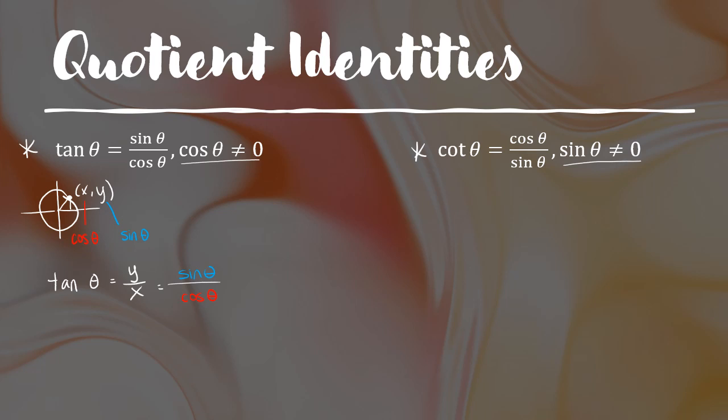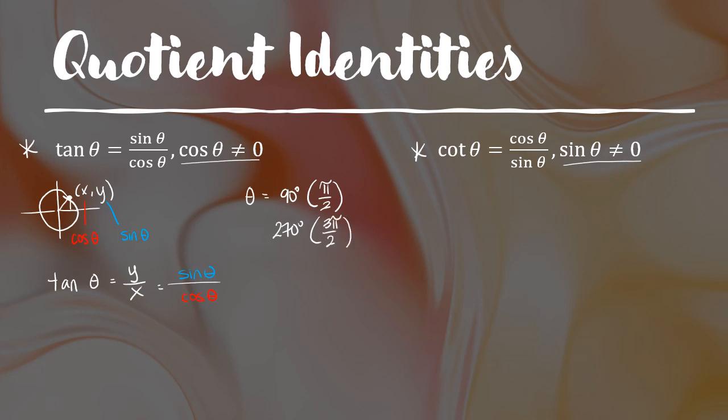So we are saying for this particular equation that, okay, cosine of theta can't be equal to 0. Well, when would cosine of theta actually be equal to 0? Again, let's think about the unit circle. When cosine of theta is equal to 0, that means theta would have to be, like we talked about in the last example, 90 degrees, or we could talk about radians, pi over 2 radians, and also 270 degrees, or 3 pi over 2.